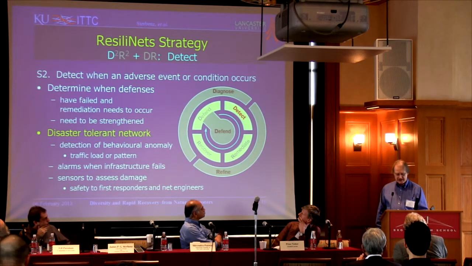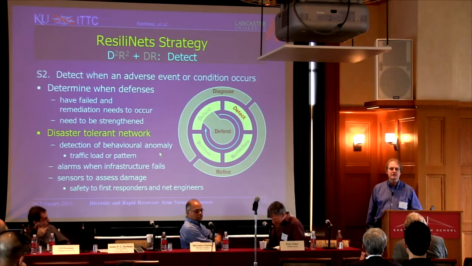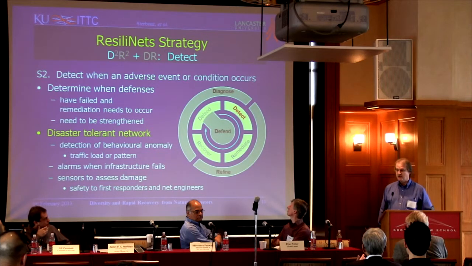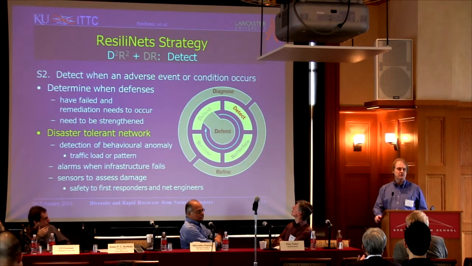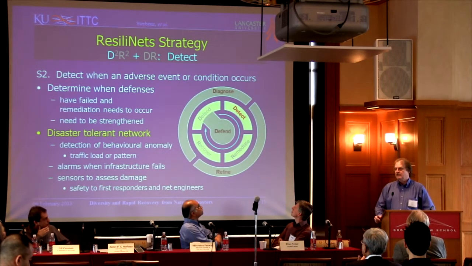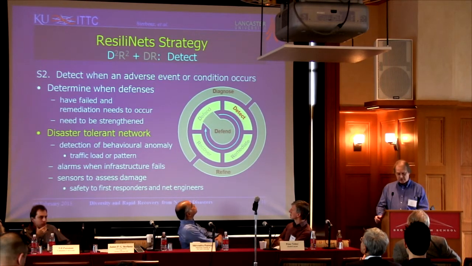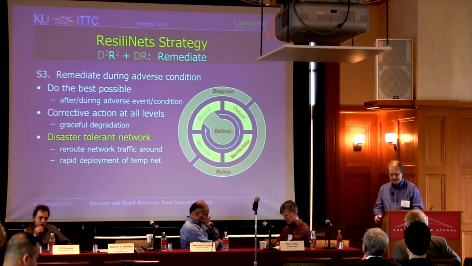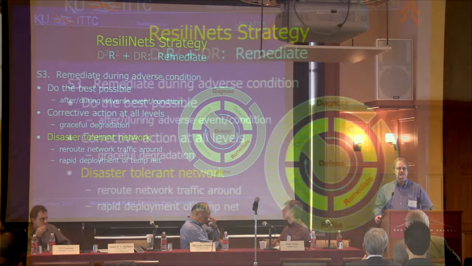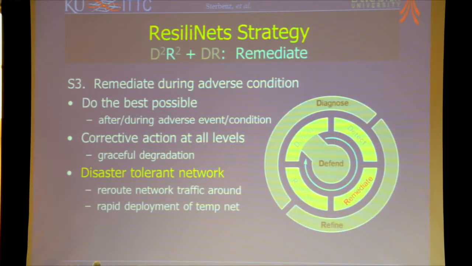So detection now becomes not merely a problem of detecting when the network goes down, but how it has gone down, and what the threats are to first responders. Can you get in? Is it flooded? Are there toxic chemicals? So that we can then determine how to remediate, which, among other things, is simple things like rerouting traffic, but is also rapidly deploying replacement infrastructure, sort of a temporary network.